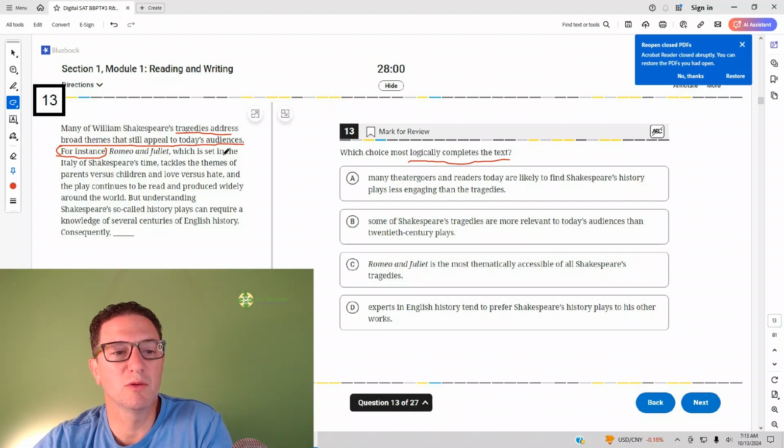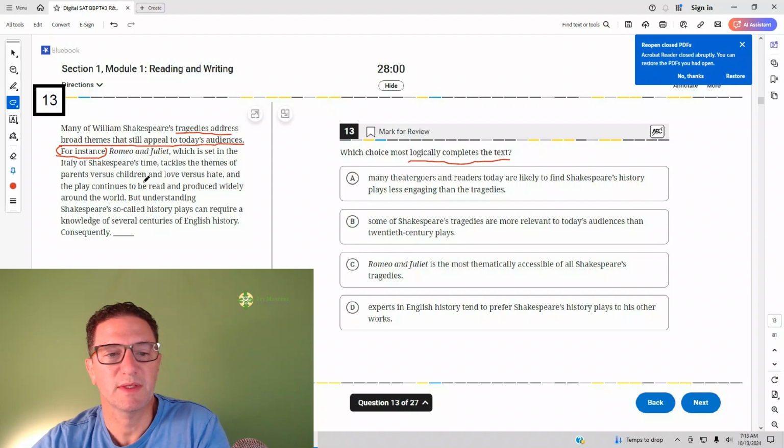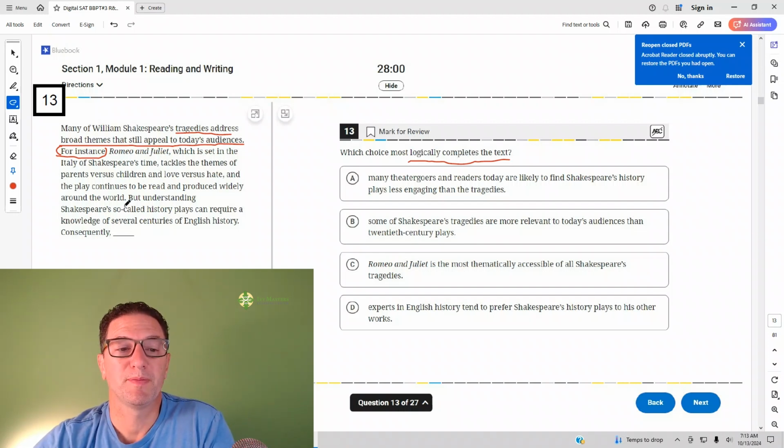Romeo and Juliet, which is set in Italy of Shakespeare's time, tackles the themes of parents versus children, love versus hate, and the play continues to be read and produced widely around the world. So what's implied there is that still today, parents and children fight. There's a struggle between love and hate as well. And so as a result, it's still popular.